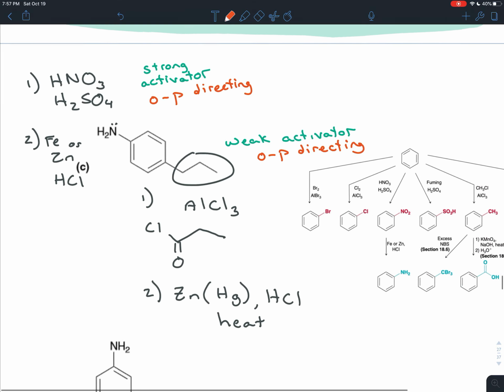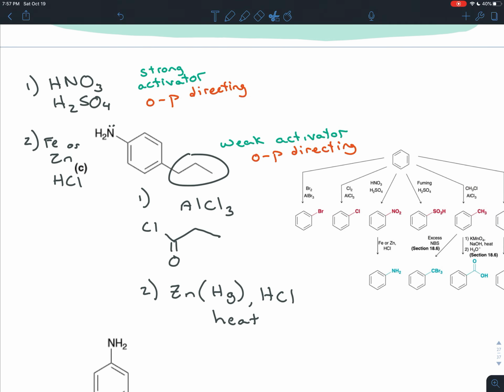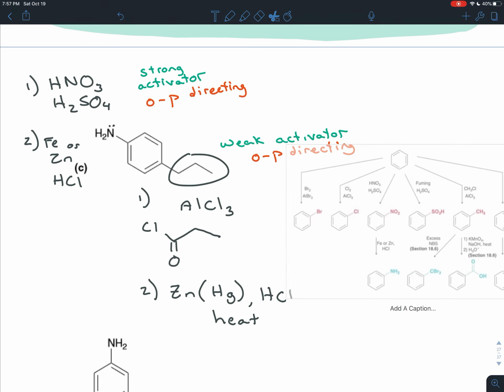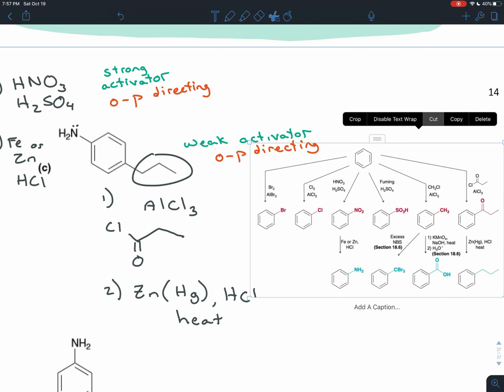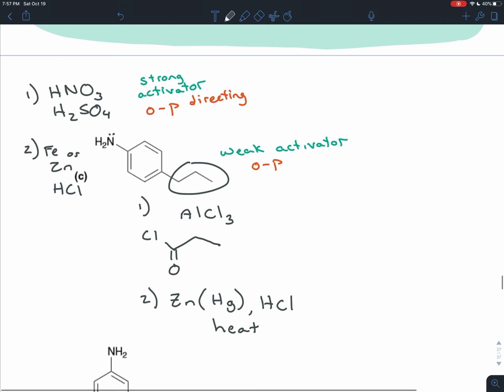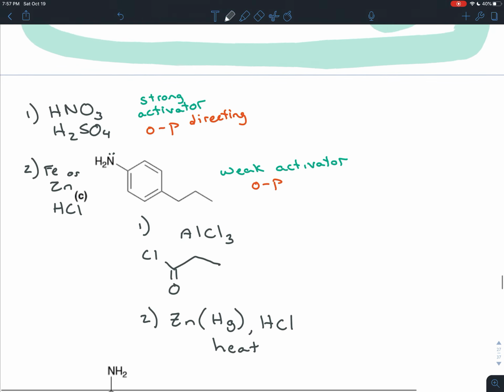So either way, either one we do first would work. And so either one of these syntheses, either one first, would count as a correct answer, no matter what order you put them in.